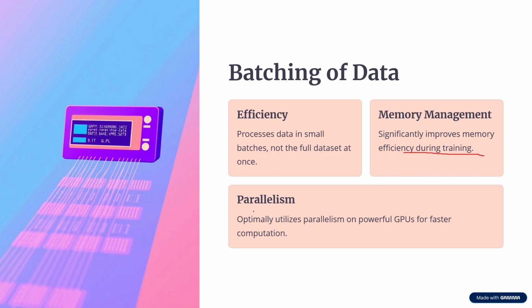And parallelism: it optimally utilizes the parallelism of powerful GPUs for faster computation. GPUs can process multiple images at once efficiently. Batching makes CNN training faster and manageable on limited hardware.